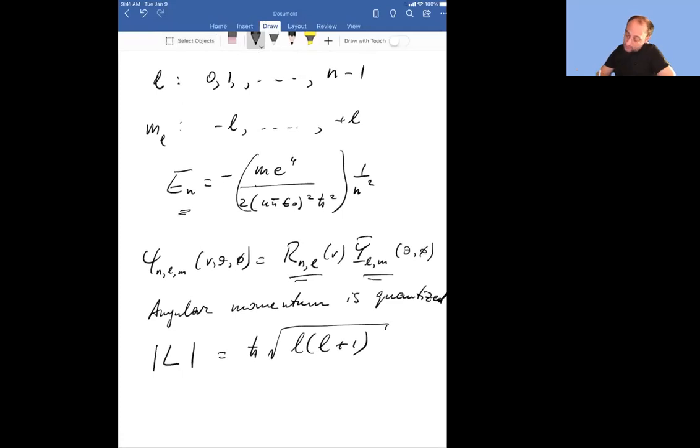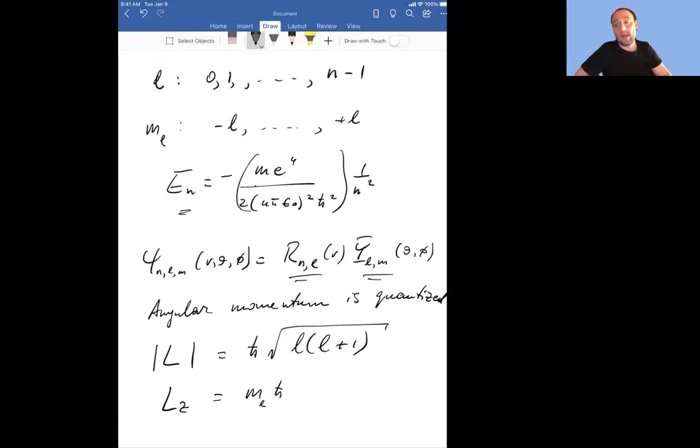But not only is the magnitude of angular momentum quantized, but its z component is quantized. And that's where the ML comes in. This looks more like Bohr's idea. Now you might say, what's the z-axis? You just told me that the problem is spherically symmetric. It turns out that in order to measure angular momentum, you have to introduce an axis.